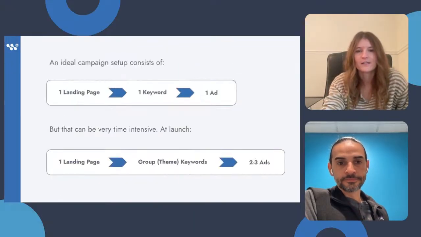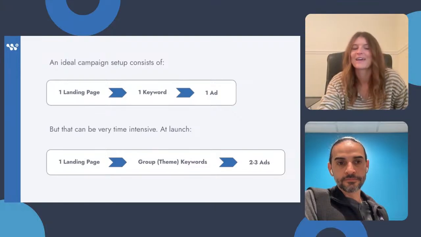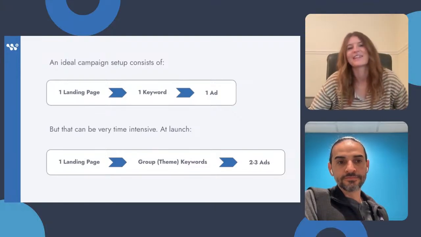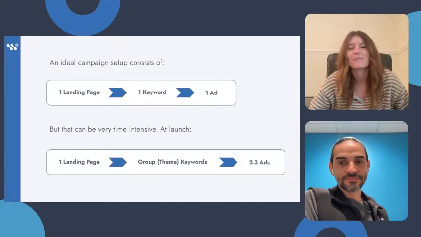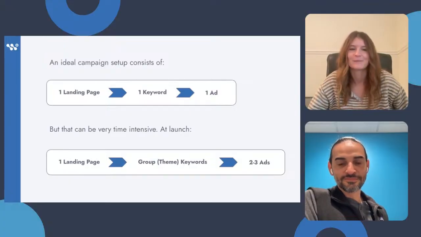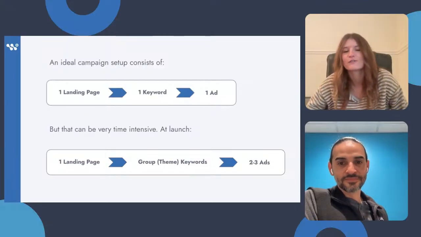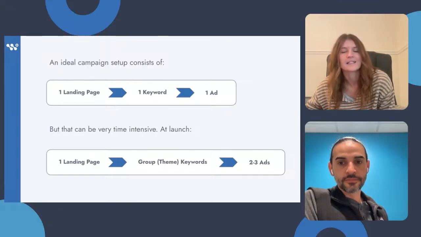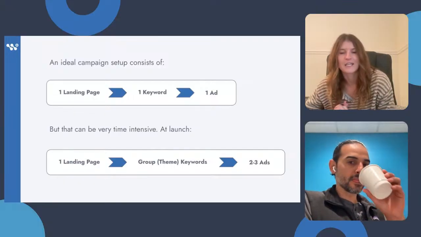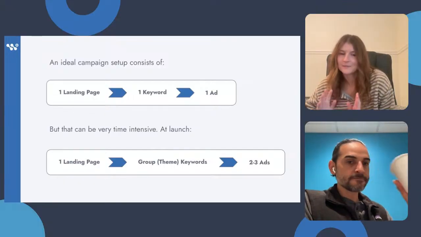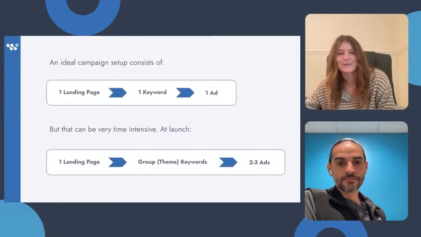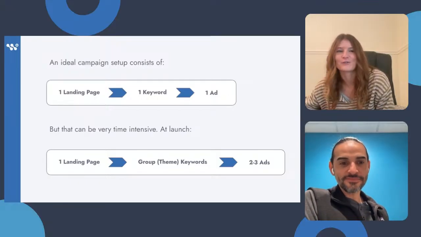So moving on, ideally, when you're setting up the campaign, the best possible setup would be to have one specific landing page, using and targeting one keyword, with one ad built out using that keyword. But we understand that that's very time intensive and takes a lot of work starting out.